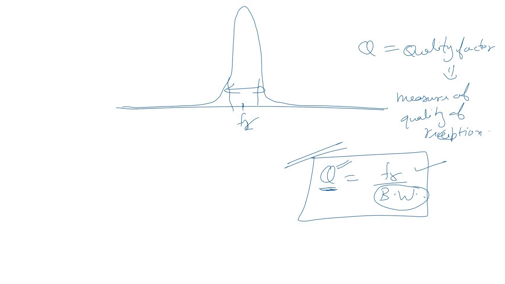If the bandwidth is very small, approaching zero, only a single frequency component is getting passed, hence boosting the selectivity of the receiver.